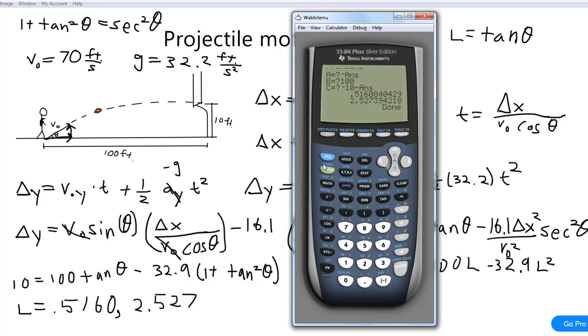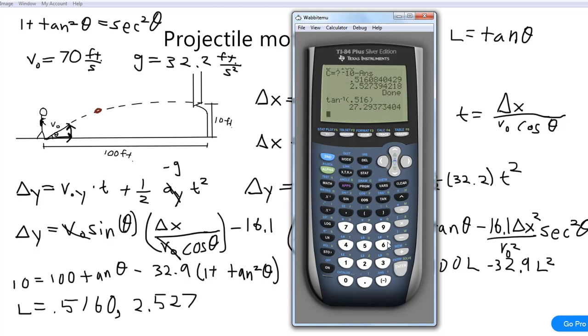Now if we just do inverse tangent, I need that. If we do second answer, it's going to just do the bottom one, by the way. So I'll just do them in order, because I have them in order right here, so that we know which theta goes to which. So 0.516, and that's going to be in degrees, because I have my mode in degrees.